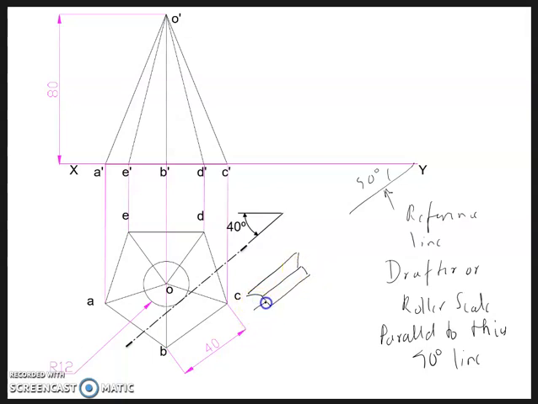This is your roller scale. Move this roller scale towards the circle till you get this line tangent. Alright, till this line becomes tangent. I hope you understood the construction. Okay, so this is how you are going to construct it.